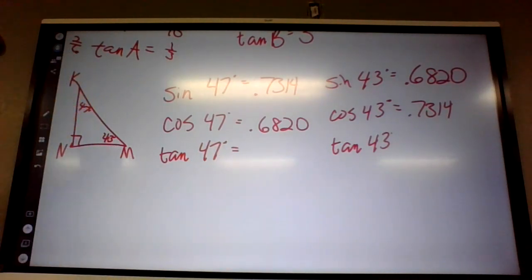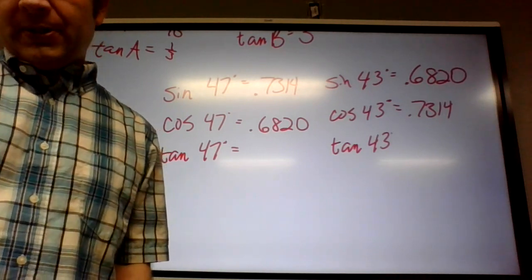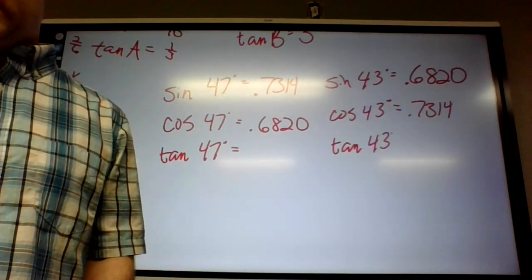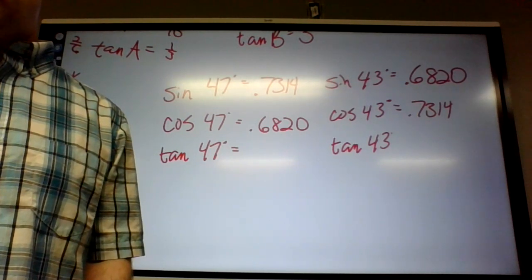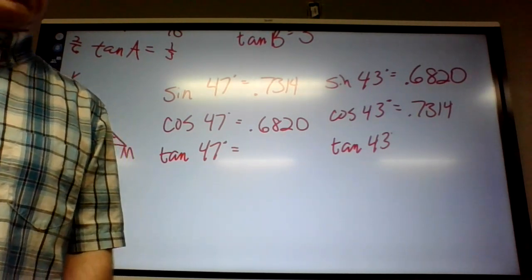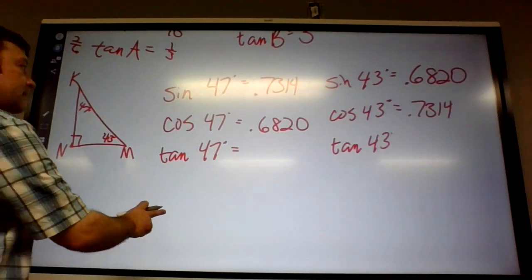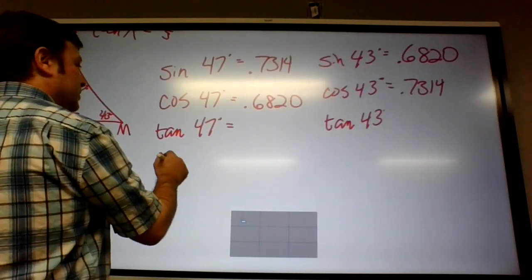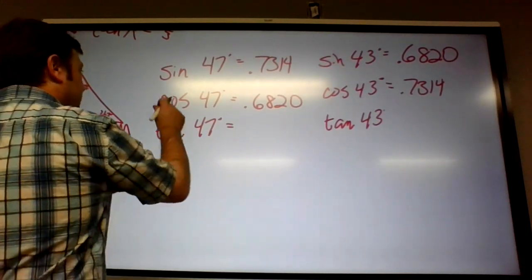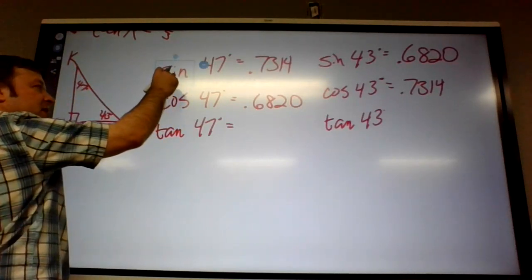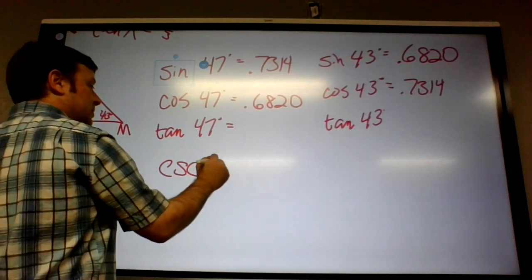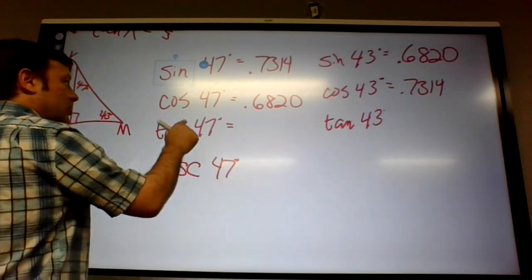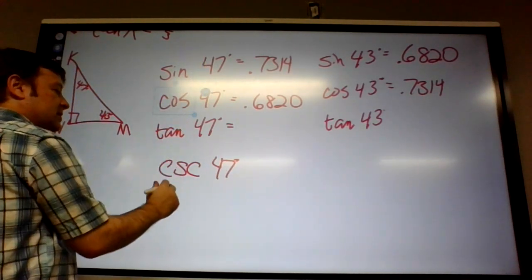All right, and tan 47. Let's see, tangent of K. Oh, shoot, they said the 6 trig ratios. It's okay, we can do it. Okay, what went with sine? What was the cosecant? What went with cosine?